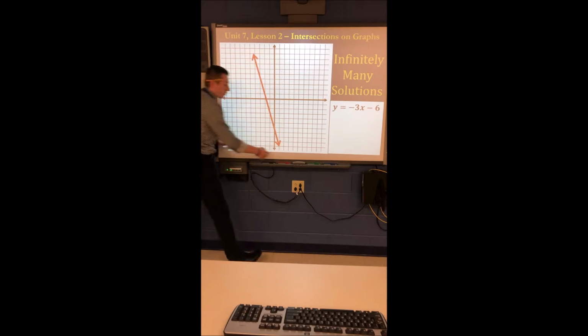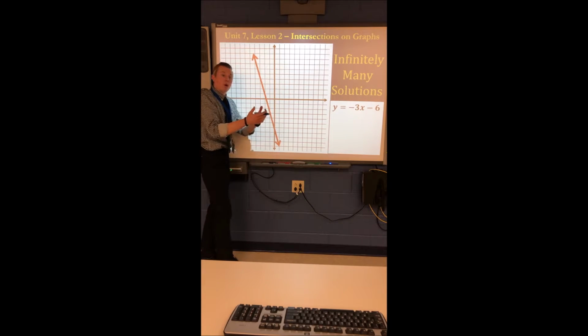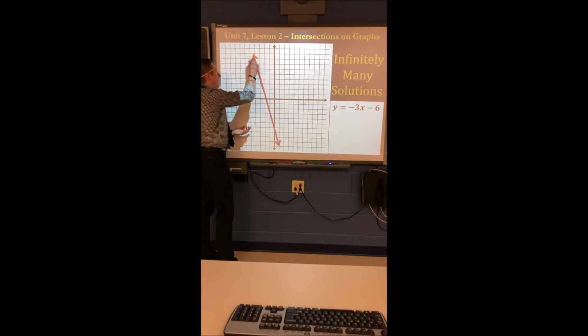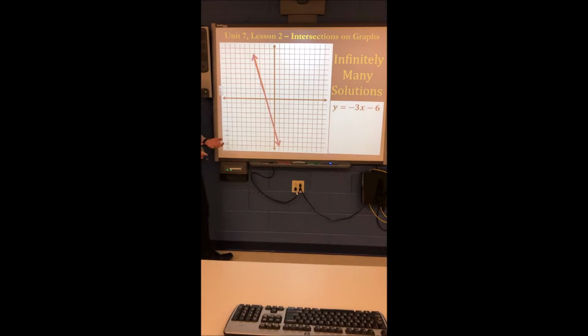So another line, if I were to put another line that's the exact same, it would fall right on top of this line. So, see the blue and then see the red? It's the same line, just in a different form. And this is what I mean by that. This is how it looks.